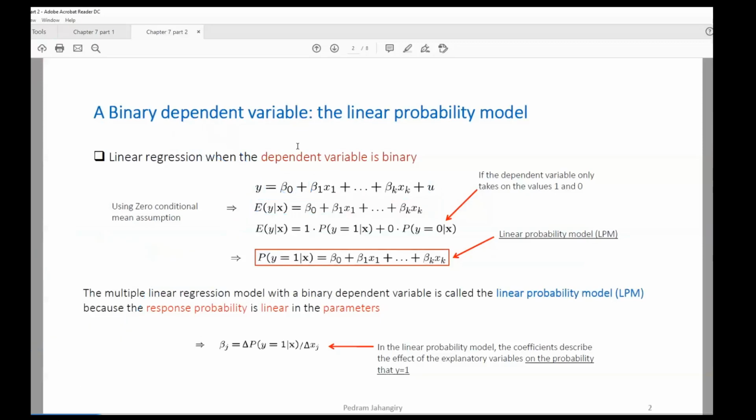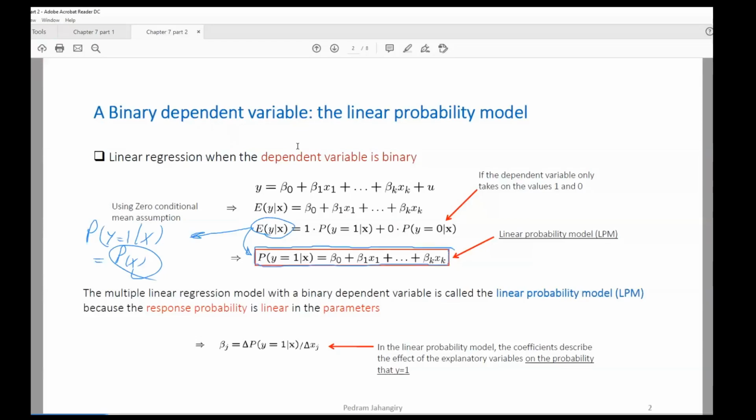At the end of the day, if I open up this part, it's going to be equal to the probability of y equal to 1 given x. For short, we call it P of x, and we call it the probability of success. So what I have on the left, I can go from this step to this step because y can only take two values. At the end of the day, on the left-hand side, I have the probability of success.